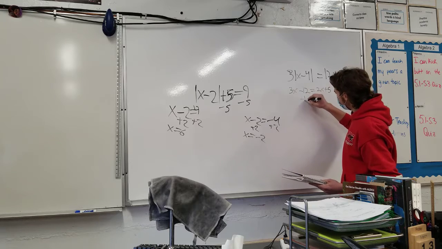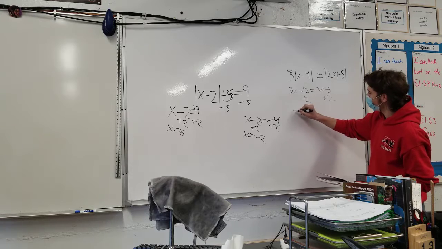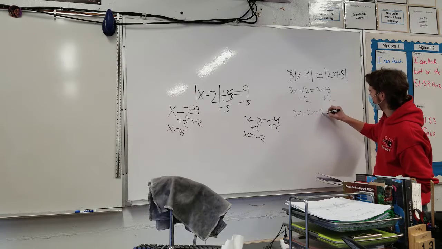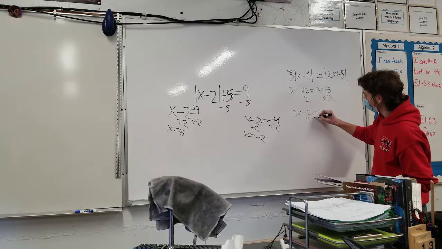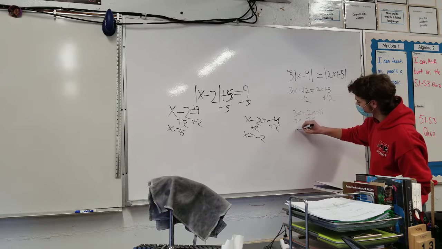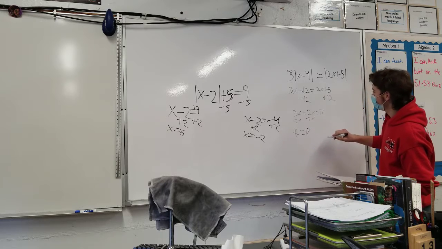Add 12 on both sides. So I have 3x equals 2x plus 17. Subtract 2x on both sides. I have x equals 17.